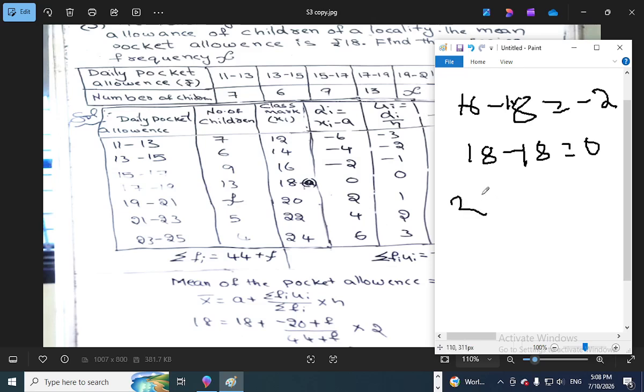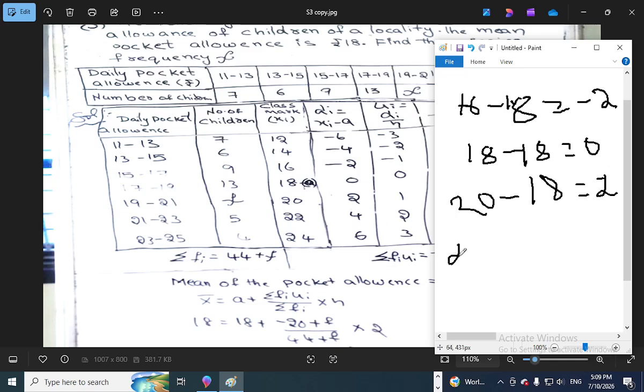Then 20 minus 18 is equal to 2. This is the next class deviation. So to find the class deviation from the class mark, if you subtract the assumed mean, then we will get the deviation between them.